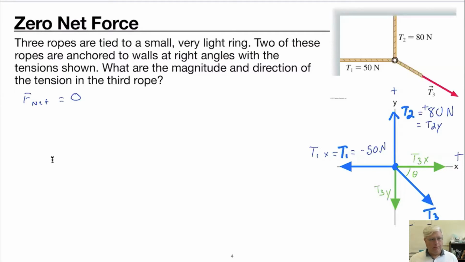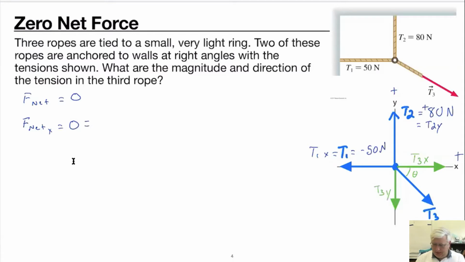The next step I said is, after drawing the free body diagram, let's find the net force in the x direction, and then the net force in the y direction. The net force in the x direction, we know that'll be 0 since we're in equilibrium.